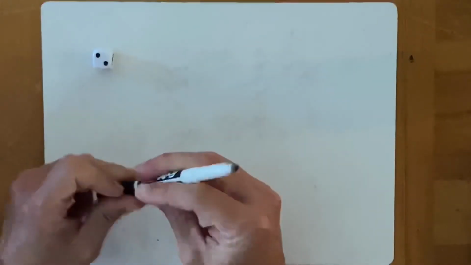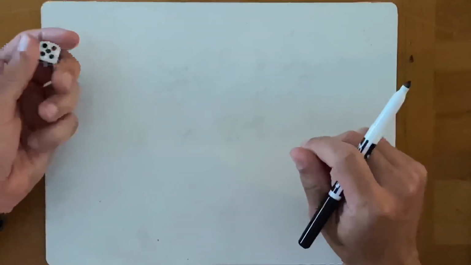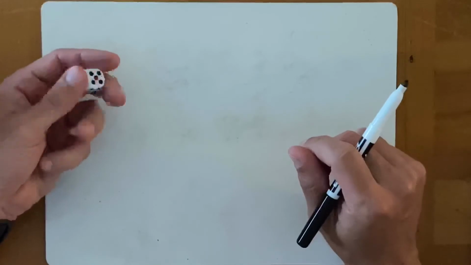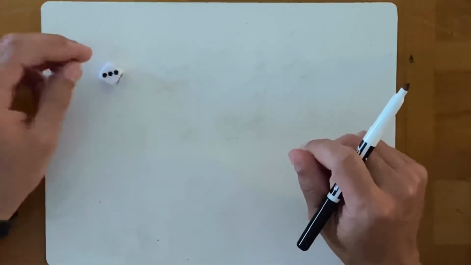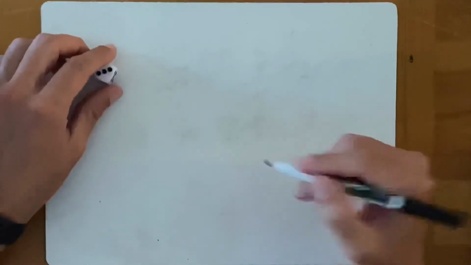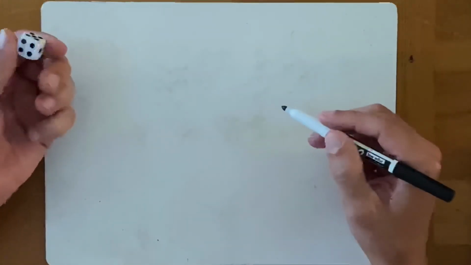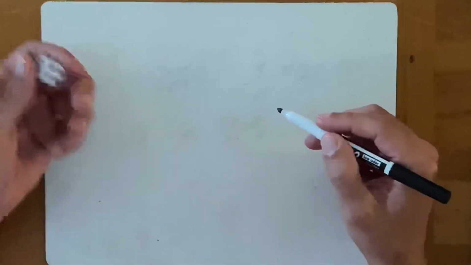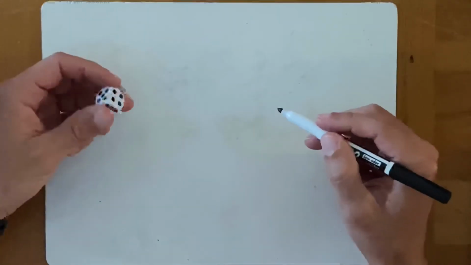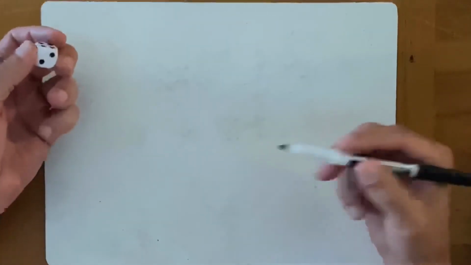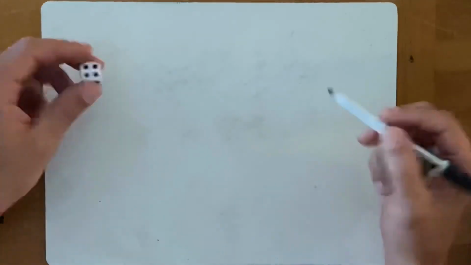So let's take a look at some examples. If I roll this 3 times, each roll is going to be independent of the other. The second roll is not going to depend on what I rolled on the first one. The cube doesn't remember what I rolled the first time or the time before that when I roll it again. So every single time I roll it, just like the coin flip, the probability is going to be the same.